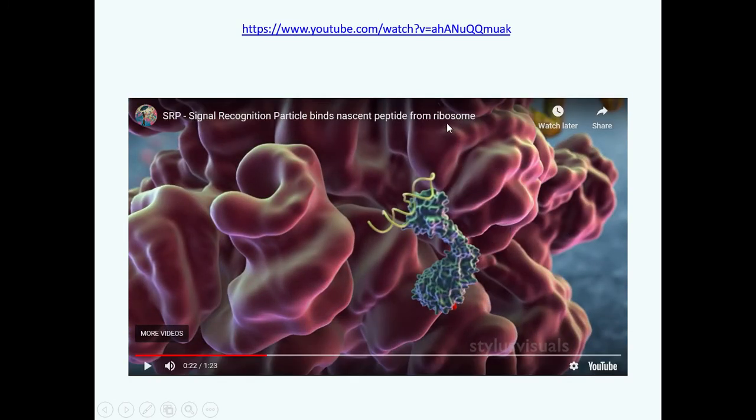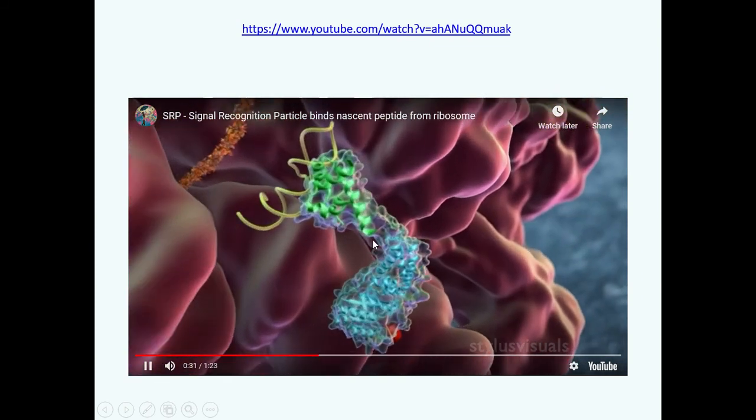So this is a ribosome bound by a messenger RNA, and this is the signal recognition particle. The ribosome starts protein synthesis, so this is the newly synthesized chain of protein.